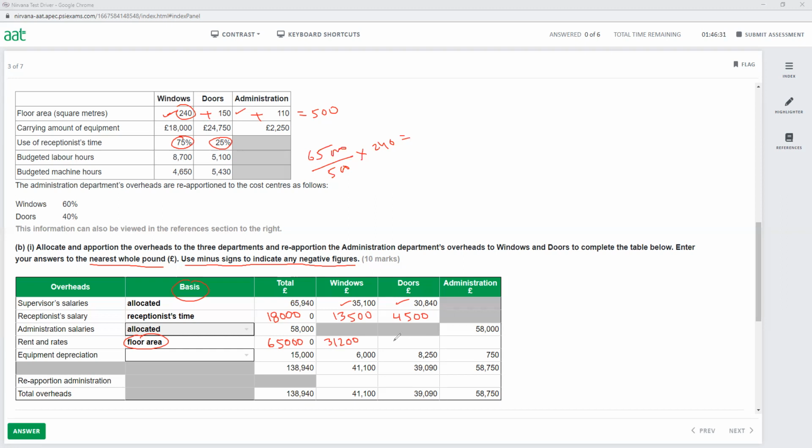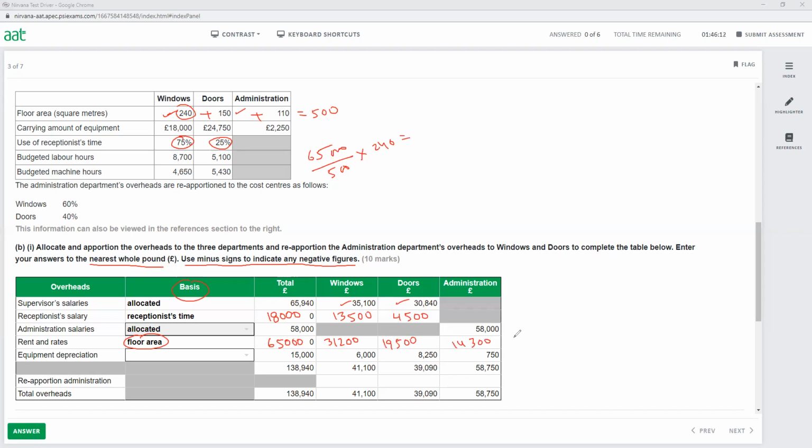And the same way for the door, 65,000 divided by 500 times 150. That will give me 19,500. And the remaining 14,300 for the admin.